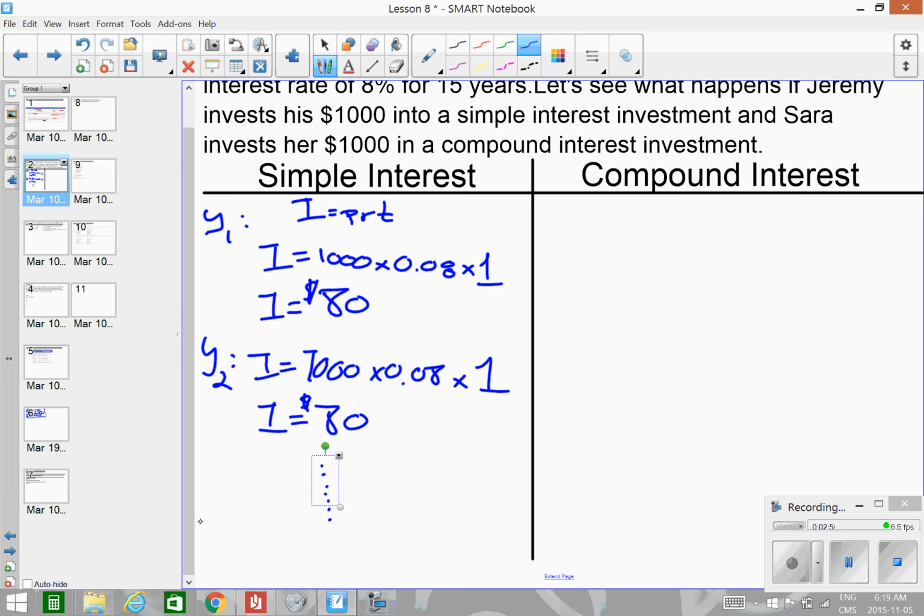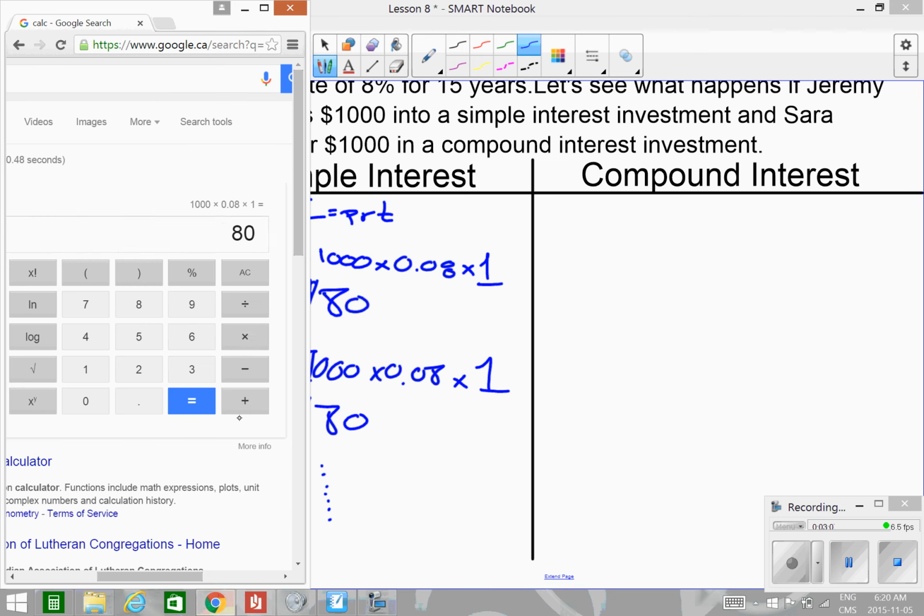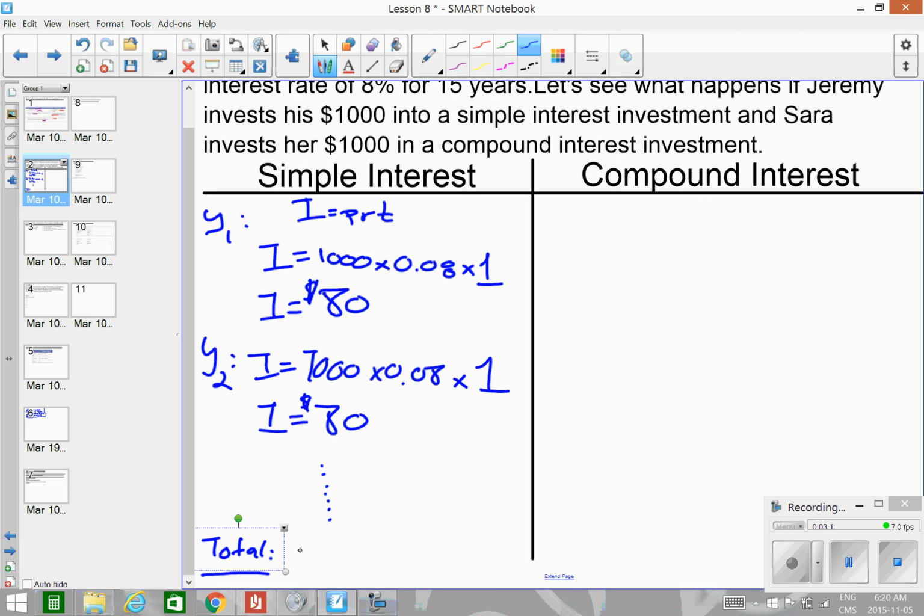All right, so our total, well, we know she's making $80 a year and doing that for 15 years. 80 times 15, $1,200, which doesn't seem too bad. That's how much interest.